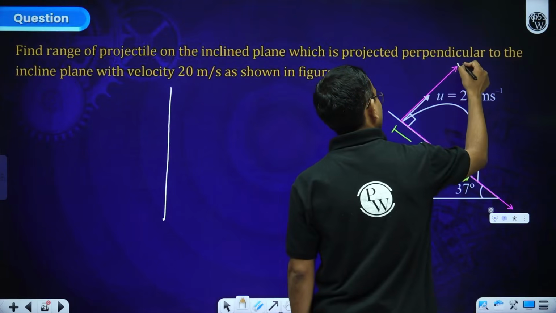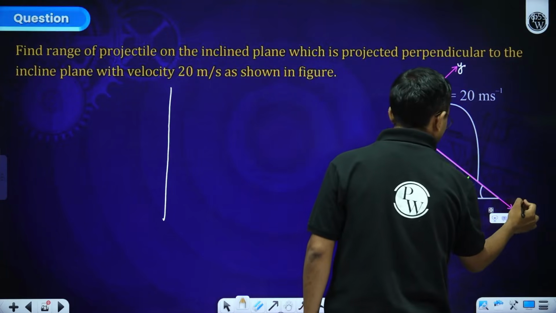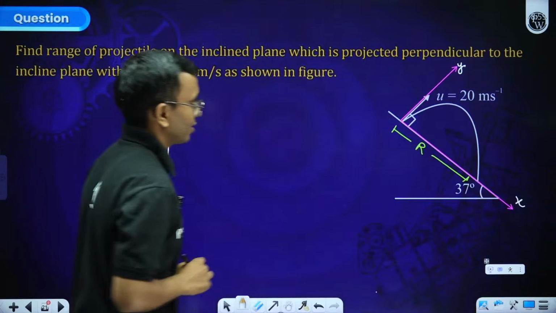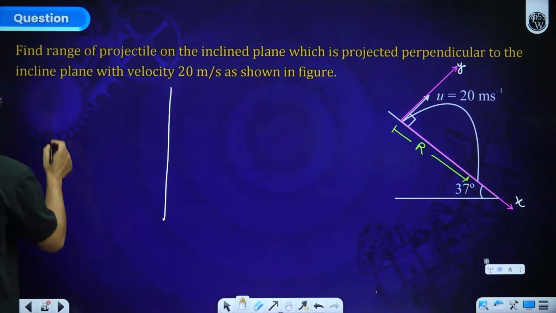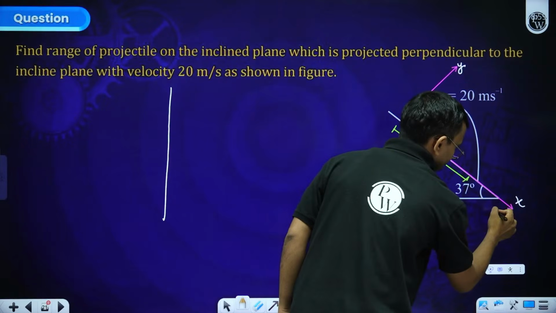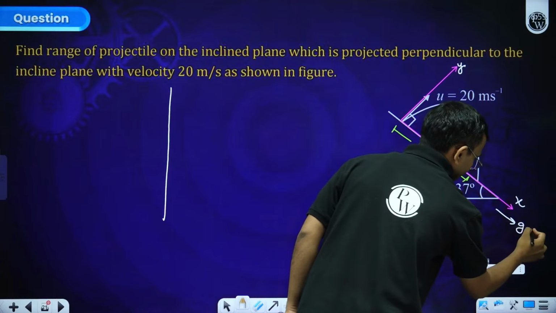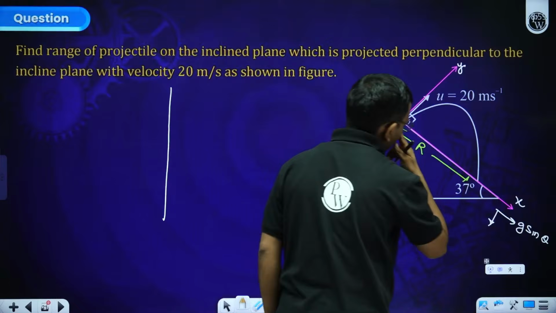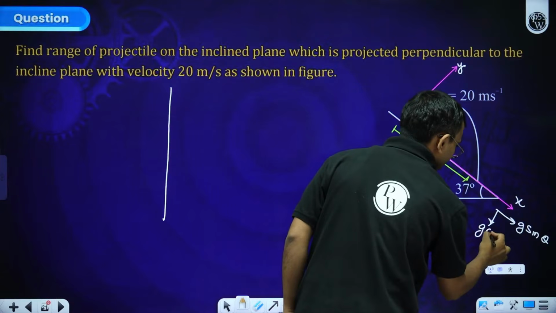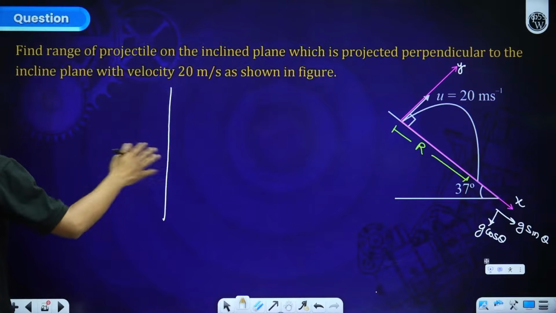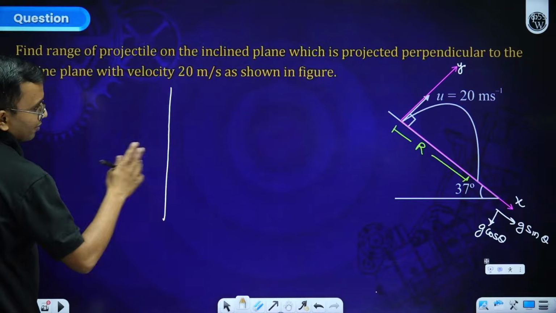Okay, along the y-axis, what is the acceleration? This is g sine theta, this is my g cos theta. Theta is my 37 degree. Okay, g sine theta, g cos theta, like this.